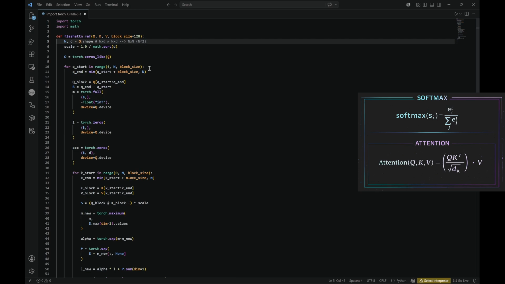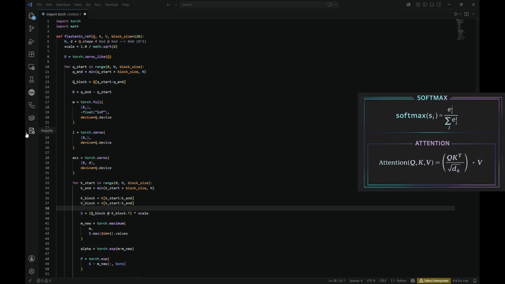And this reference is just an implementation, a very basic one, of that solution. So we have our Q in the shape of n and d, and then we define our scale, as you saw from the attention equation. Sorry, one more thing before we get into this. I totally forgot to mention what N and D were, as well as what O stood for, which we'll get to in the next part.